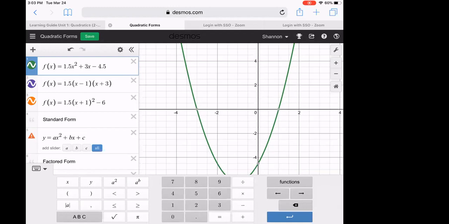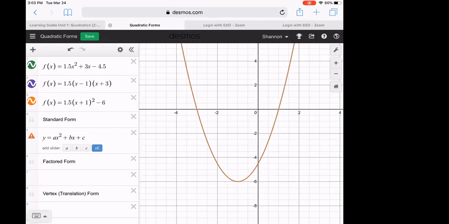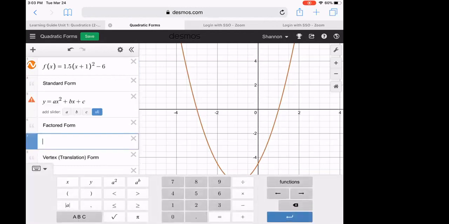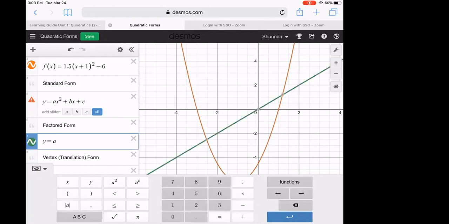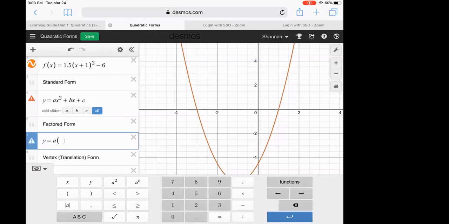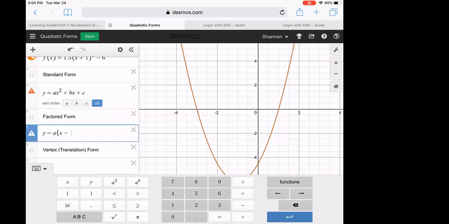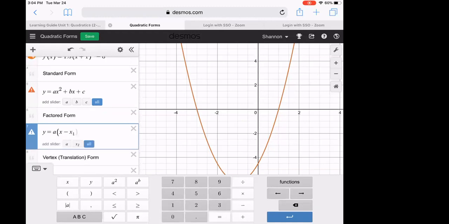Now the other one, number 2, that one's called factored form. And factored form looks like this in its most generic form. You've got A still, and then you've got these 2 parentheses. And we typically say that it's x minus, and then we subscript it as x1, times x minus, and then we subscript it as x2.